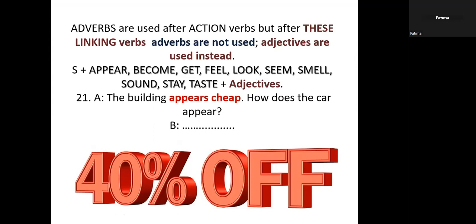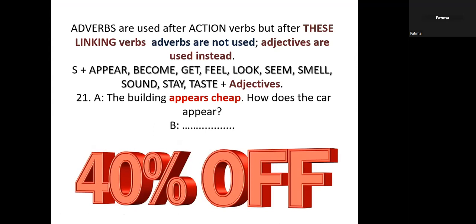We think of them as if they are to be, as if they are am, is, are, okay? For example, the building is cheap. Just like saying, the building appears cheap.